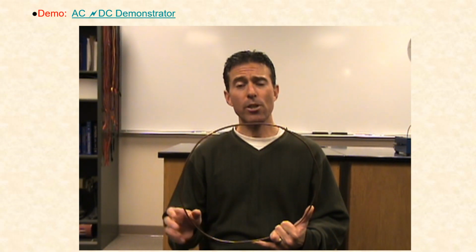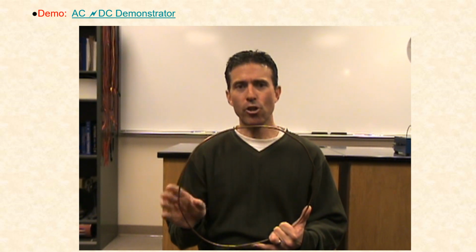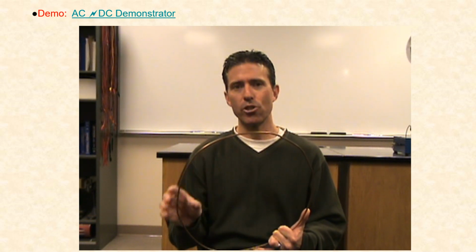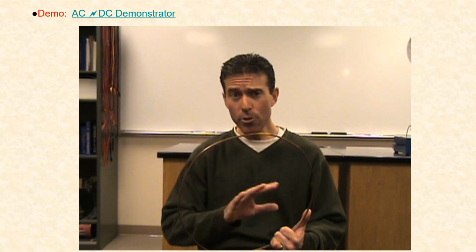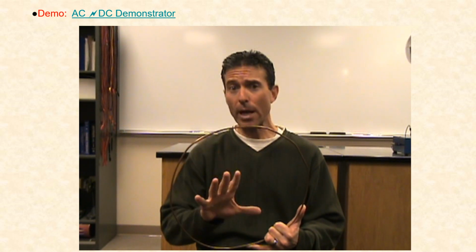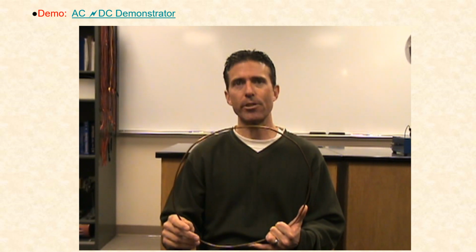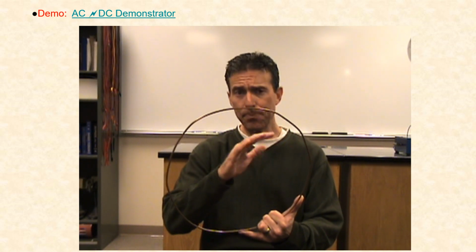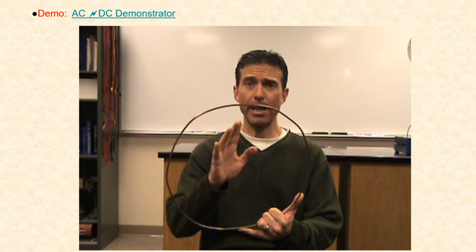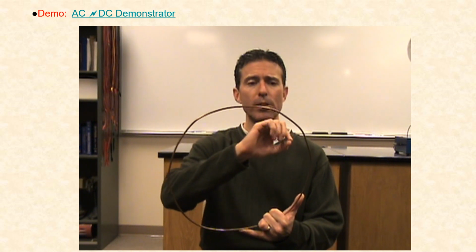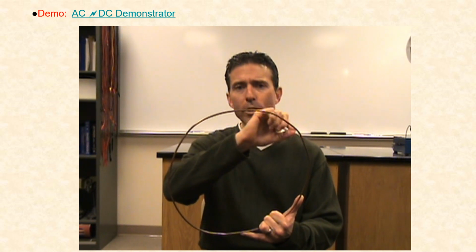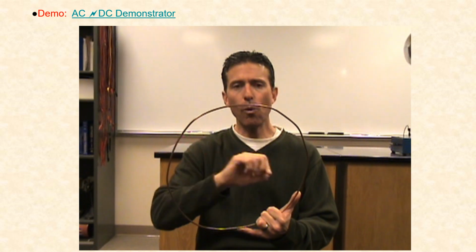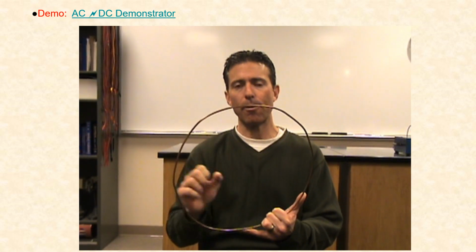All right, when we talk about electric current, that is the rate at which charge flows, there are really two types of electric current we can talk about. There's direct current, or DC, as opposed to alternating current, or AC. When we speak of direct current, we're speaking of electrons always moving in the same direction, always flowing in one direction in the wire.